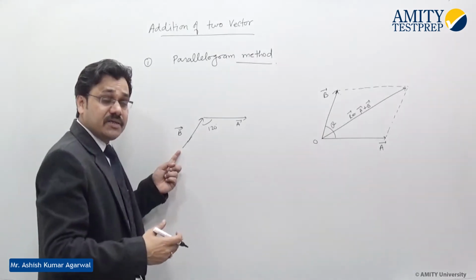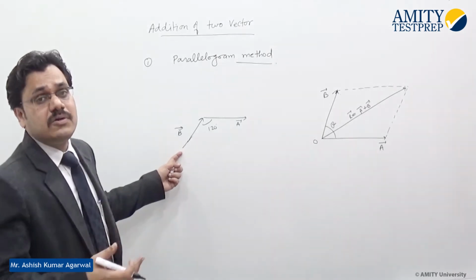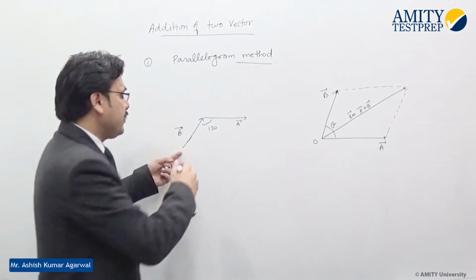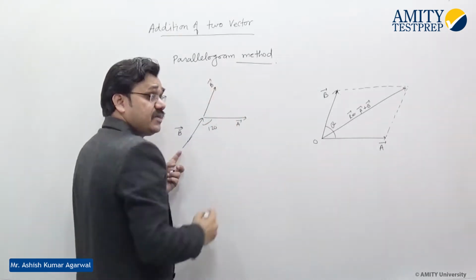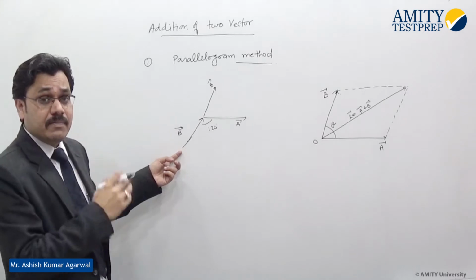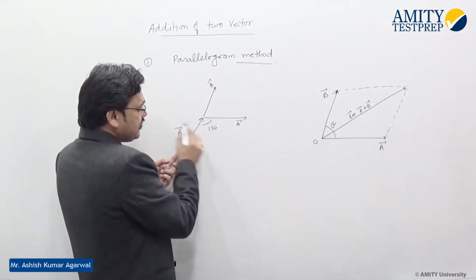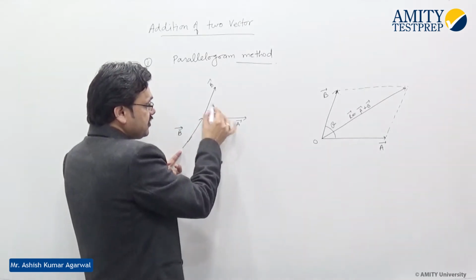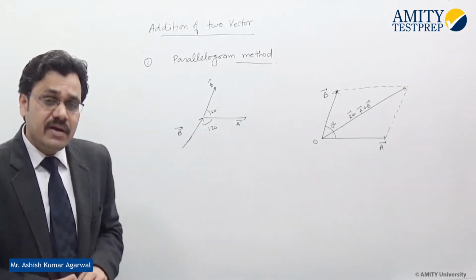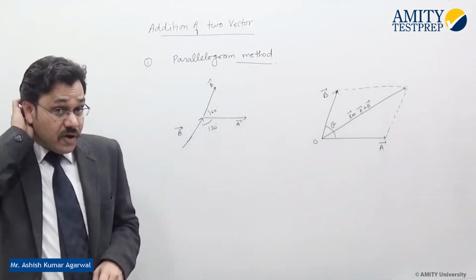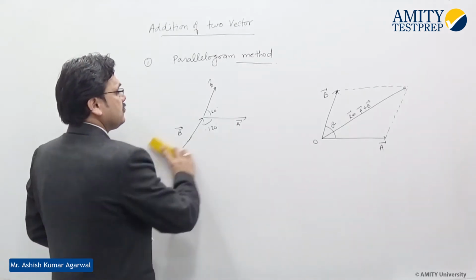If you shift a vector parallel to itself, the vector does not change. Now clearly, if this angle is 120, it should be 60. So the angle between vectors A and B is not 120, it is 60. So first of all, you have to be very careful to find the angle between two vectors.